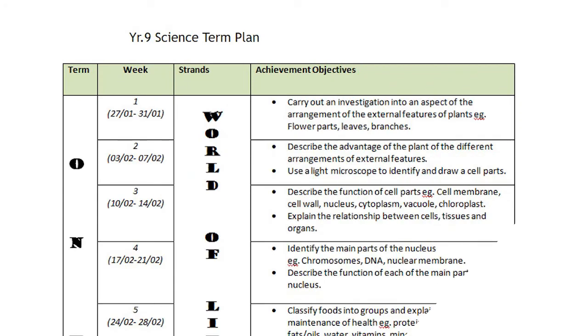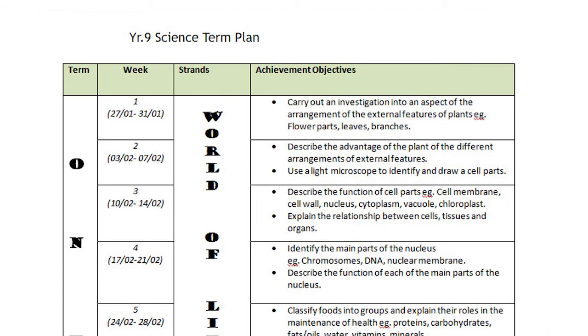Okay. Then the term plan. If you look inside the curriculum, the achievement objectives or learning outcomes are listed. So you have to write down, or copy and paste, those achievement objectives and put them inside this table for your subject's term plan.